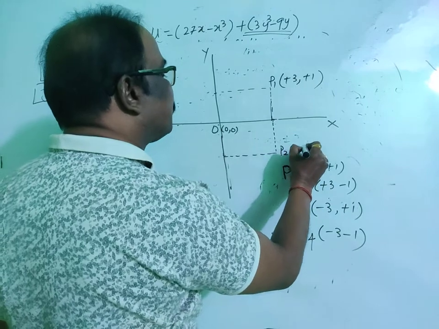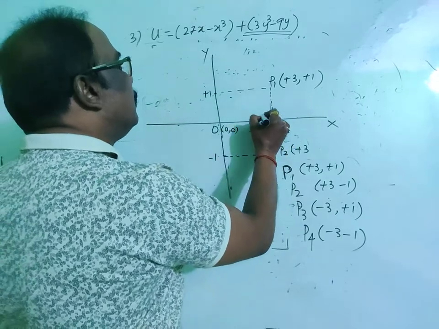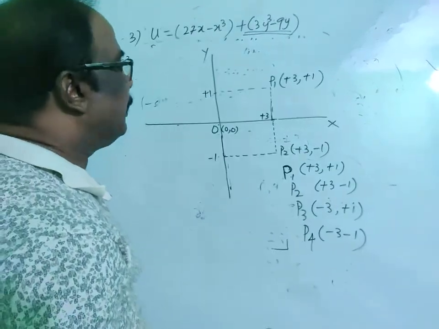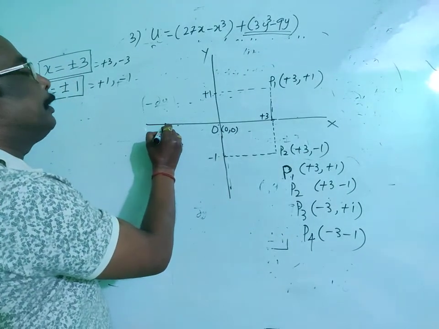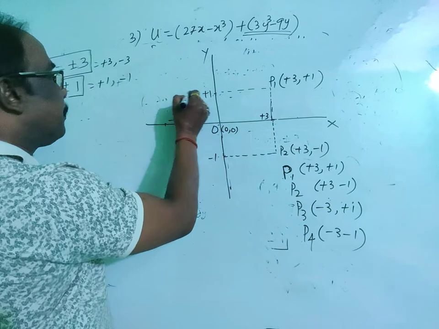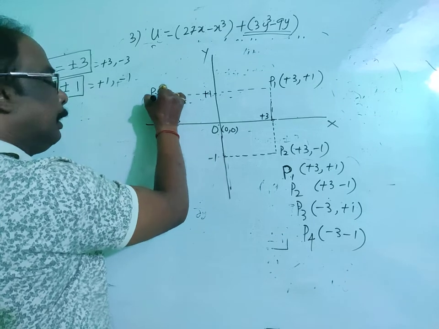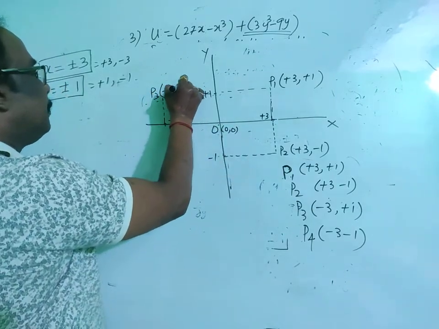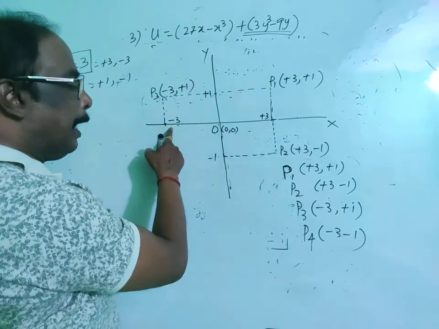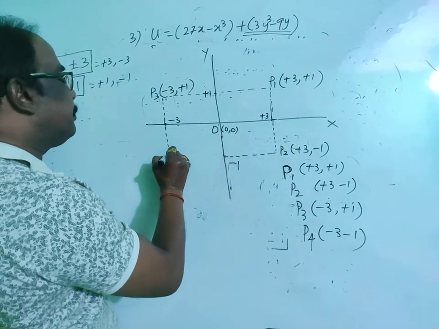Then the third position, minus 3, plus 1: this position is minus 3 and this is plus 1. Just extend it. This position is P3, coordinates minus 3, plus 1. And the fourth position is minus 3, minus 1. Just extend it.